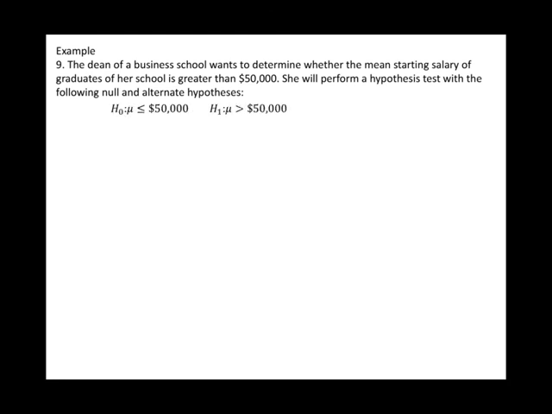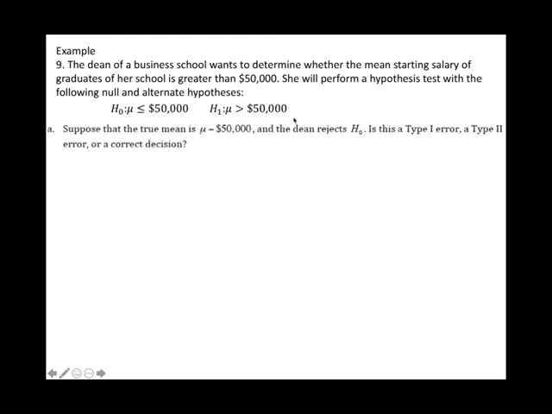The null hypothesis is the mean starting salary of graduates of her school is less than or equal to 50,000, and the alternate hypothesis is greater than 50,000. So suppose that the true mean is 50,000 and the dean rejected. Is this a type 1 error, type 2 error, or a correct decision?